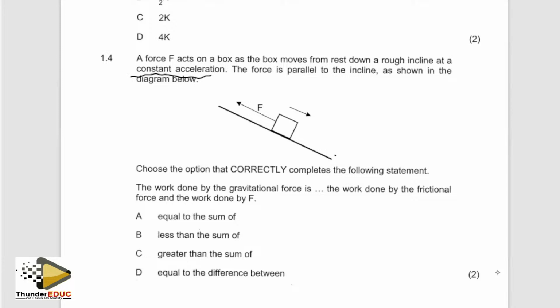So if the box is moving from this point going upwards, we know that the F_g parallel will be acting downwards, and then the frictional force will also be acting downwards. That is what I'm interpreting, if the box moves from rest down a rough incline.